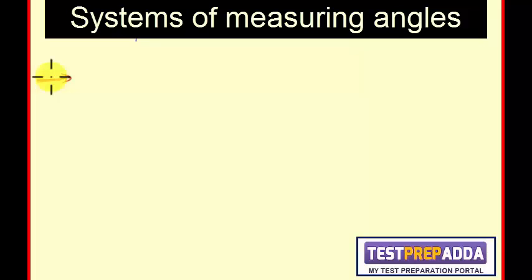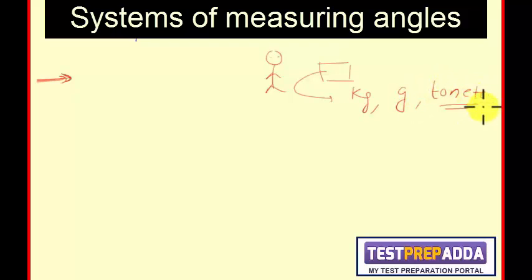If we want to measure the mass of a person, or the mass of a block, how do we measure it? We can measure mass in kgs, in grams, in tons. There are different ways to measure the mass of the same block or same person, right?